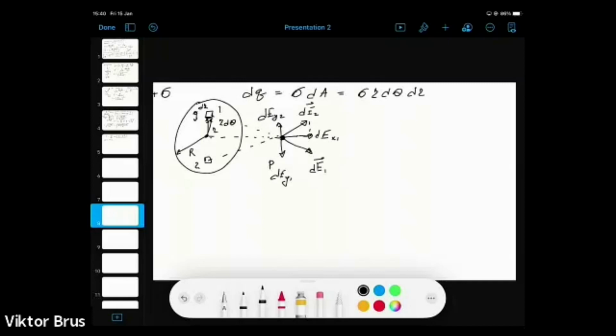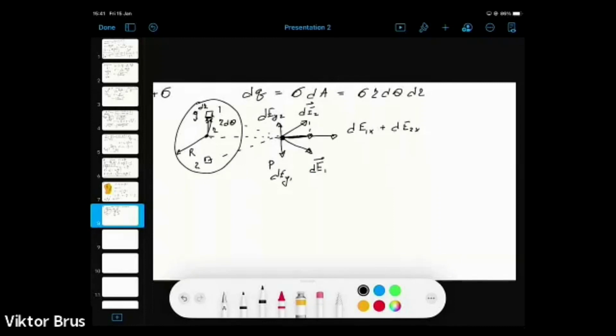And here we can delete this and just extend, because they will sum up. So here will be dE1x plus dE2x. So what we see is that symmetric elements will sum up in the x direction and cancel components of the electric field vector in the y direction.